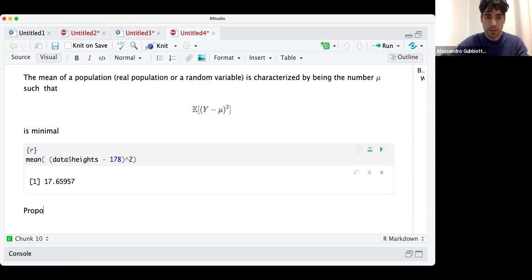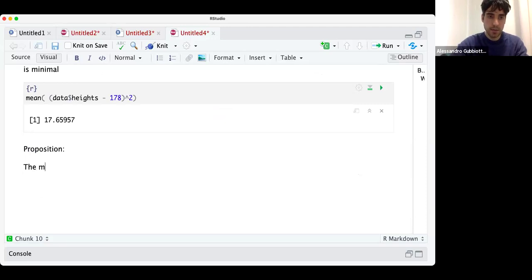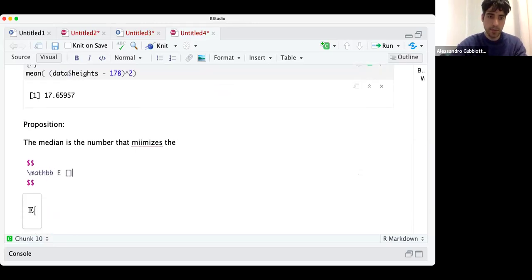And another proposition is the following, that the median is the number that minimizes this quantity here, the absolute value, among all the mu in the real numbers.